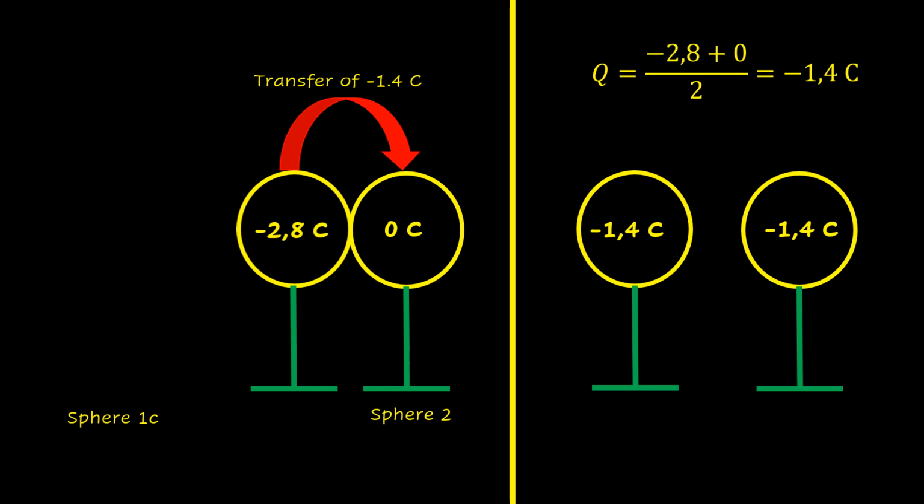negative 1.4 coulombs. The charge on a single electron is given by Qe, which is equal to negative 1.6 multiplied by 10 raised to the power of minus 19 coulombs.